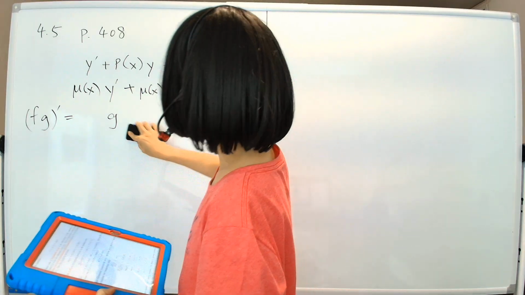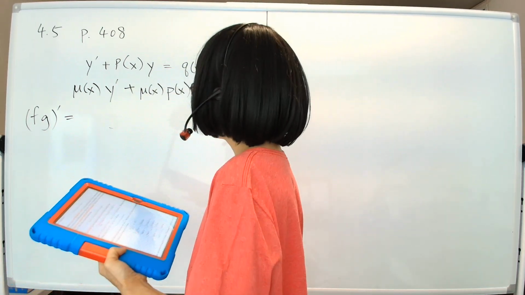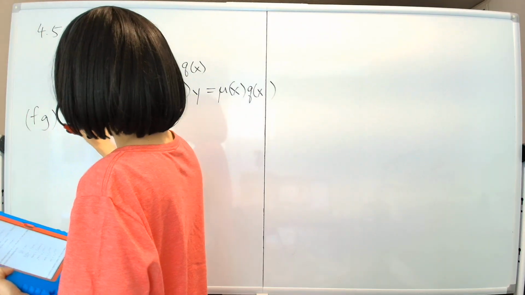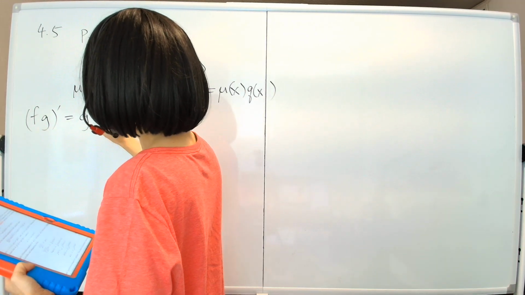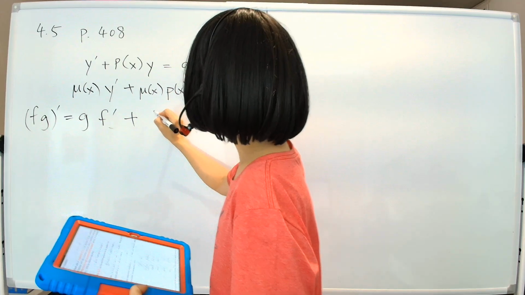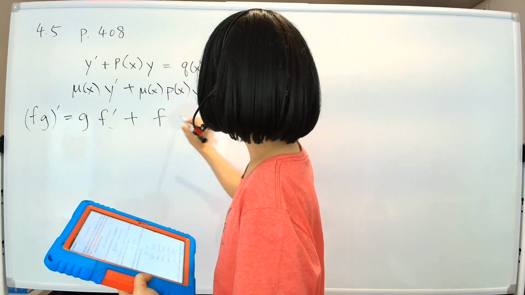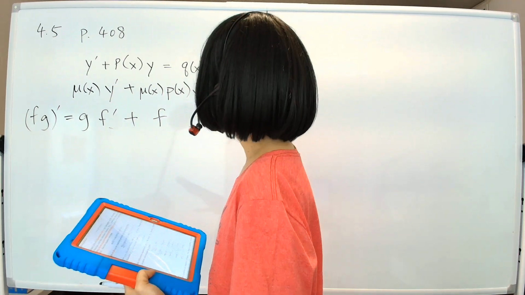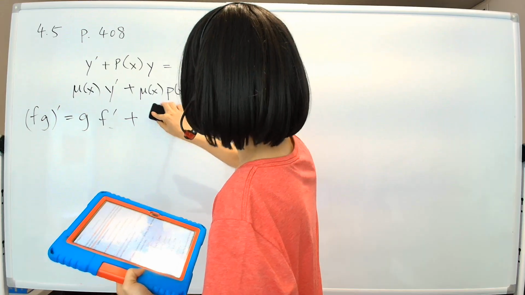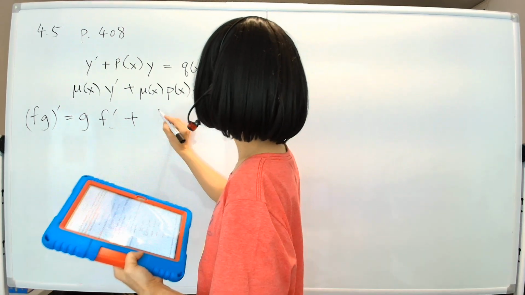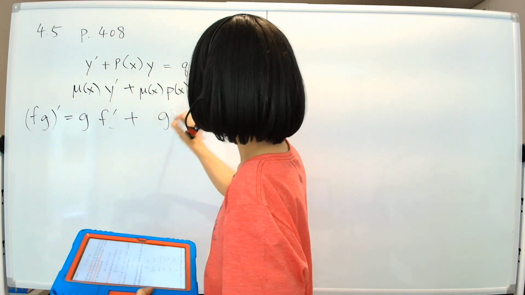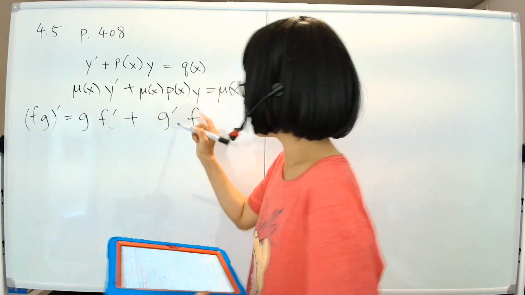Okay, so we'll write that down carefully. Okay, that equal to g times f prime, okay, plus f times g prime, okay, that is the product rule.